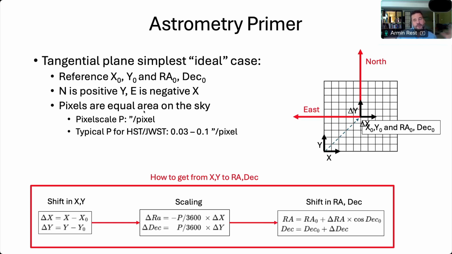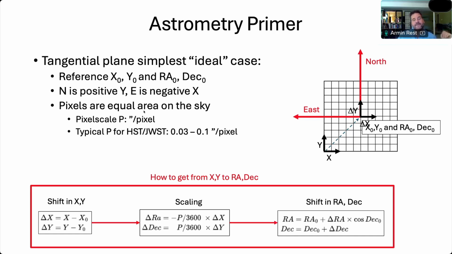What you normally have is what we call a pixel scale, P, and that tells you how many arc seconds per pixel you have. Typical pixel scale for HST and JWST goes from 0.03 arc seconds up to 0.1 arc seconds. Ground-based detectors usually have between 0.2 and 1 or even 2 arc seconds per pixel.